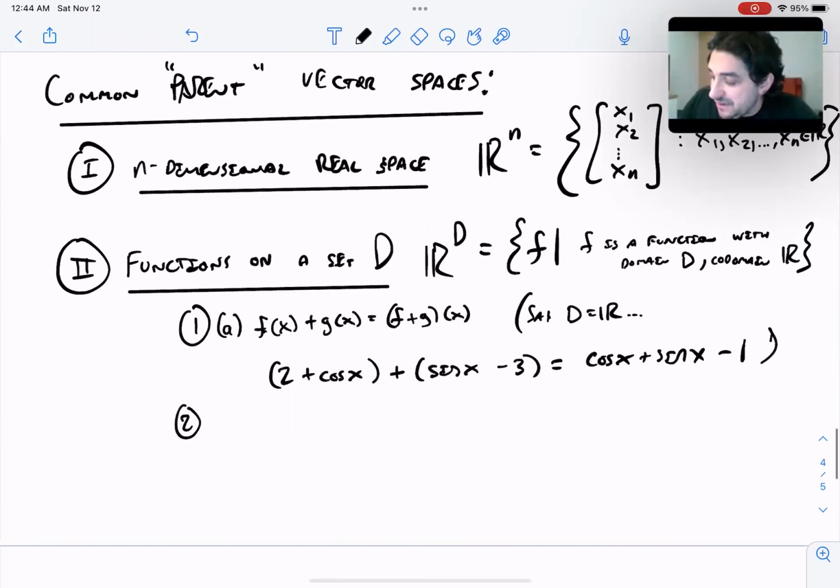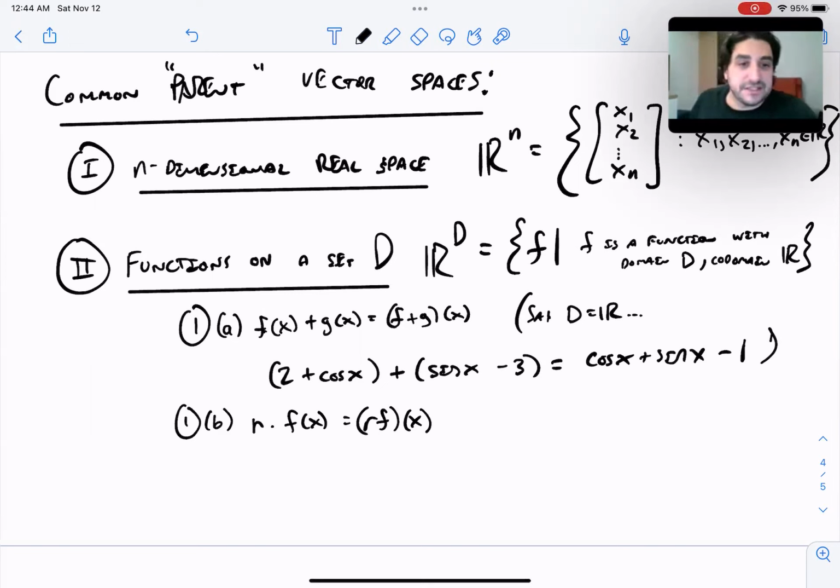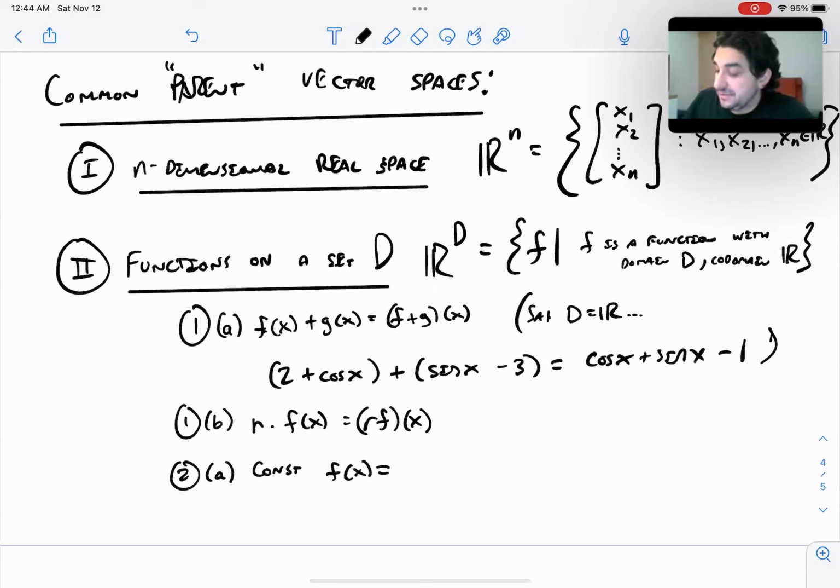Or if you take a function and you multiply it by some real number, that gives you another function whose domain is the same, right? Still that set D is your domain. You could say that the zero vector is in here, the constant function f of x equals 0. That is a perfectly good element of this set.